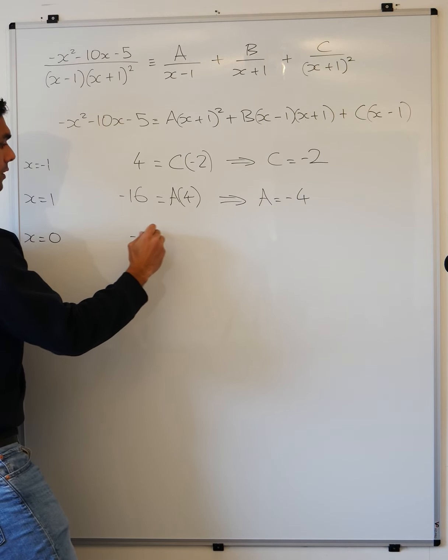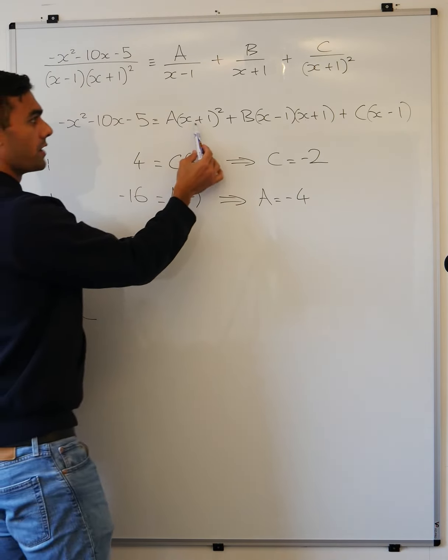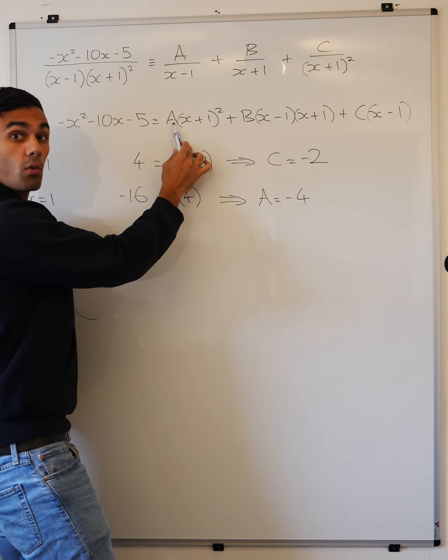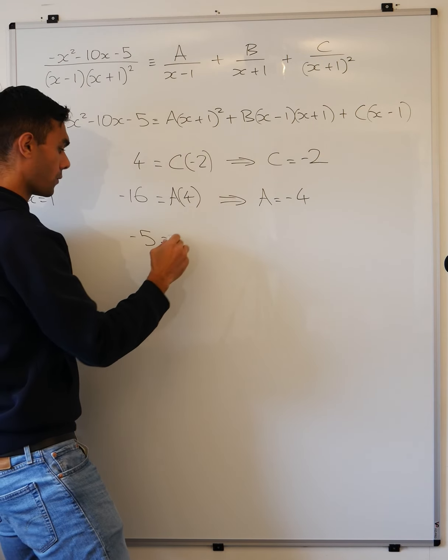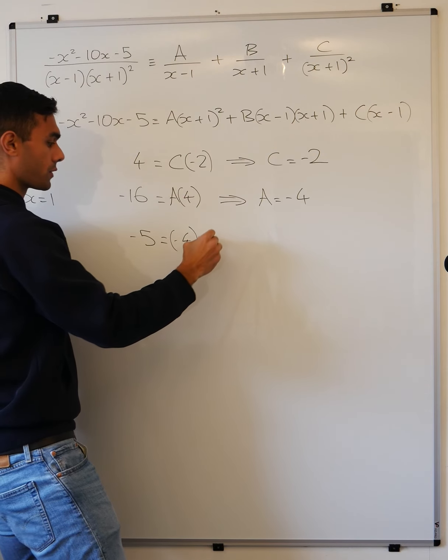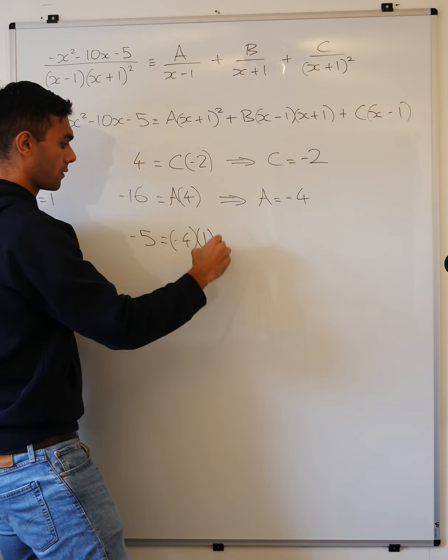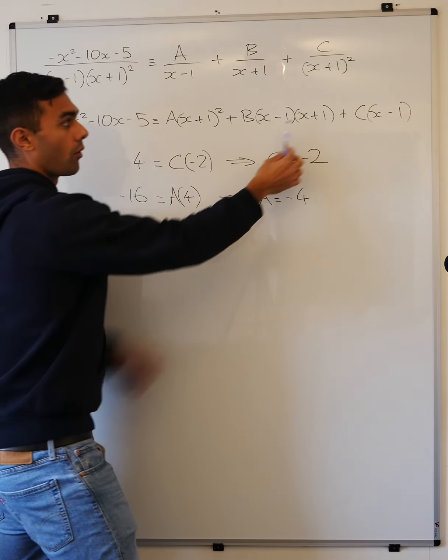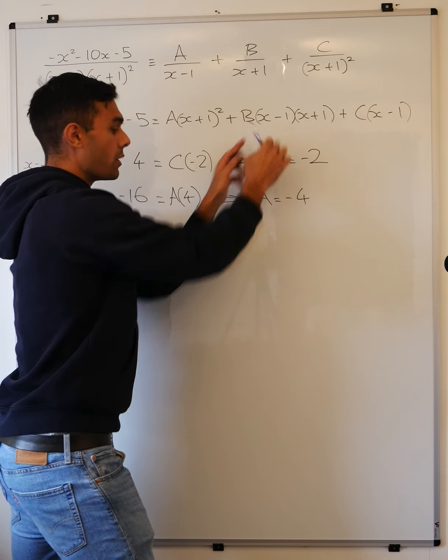Okay, so we get -5. Okay, 0 goes into here. We know what A is. It's -4. 0 goes in here, we get 1 squared. Okay. Right, middle term. We don't know B, we're trying to work it out.